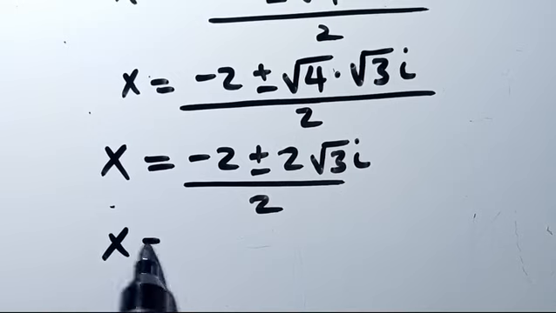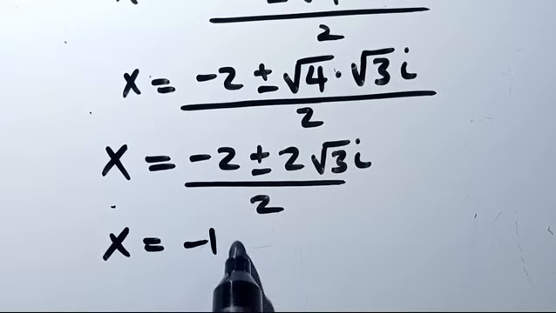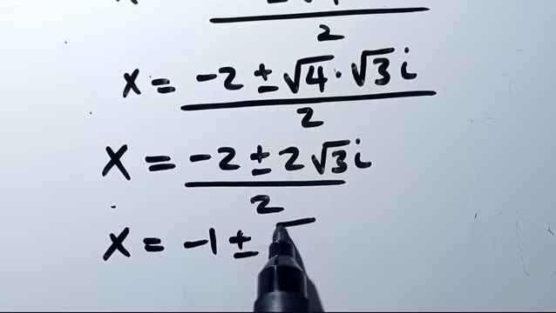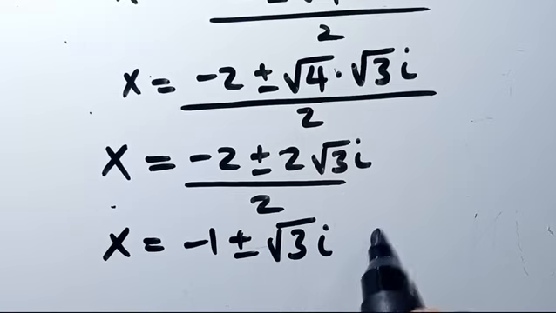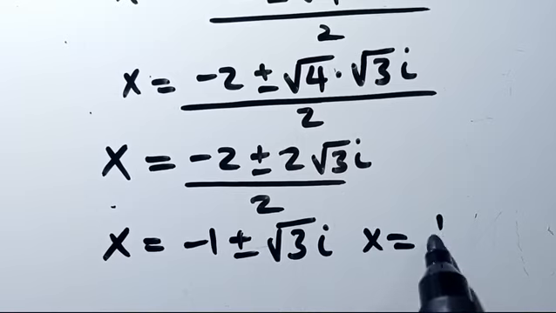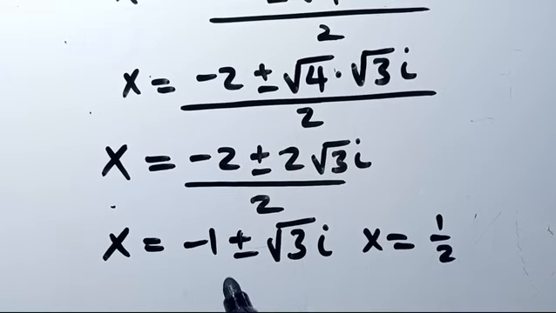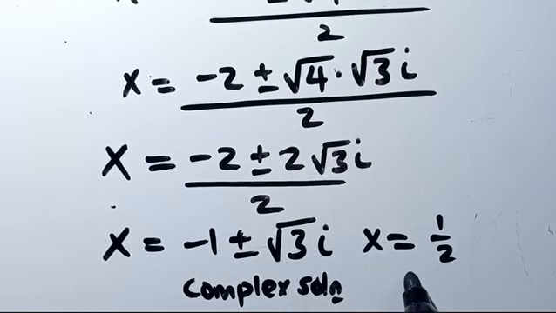We have x, this will be minus 1 plus or minus root 3i, divided by this. And we also have x equals 1 over 2. We have this to be 2 solutions and 1 solution. This is the complex solution, and this is the real solution.